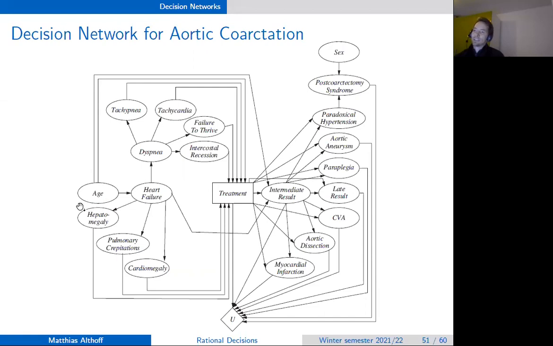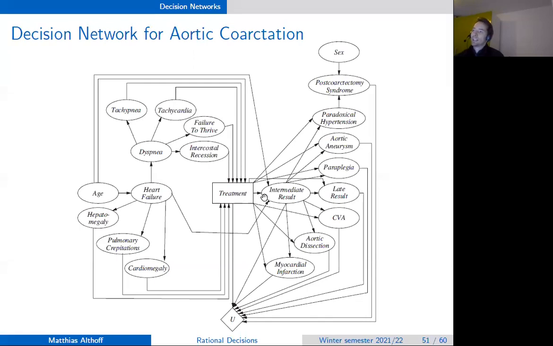And of course, now you have a complicated decision network where you have, for instance, age, and age influences how likely it is to have heart failure. And then there are several medical conditions that you can have, which will influence the decision for or against the treatment of this disease.